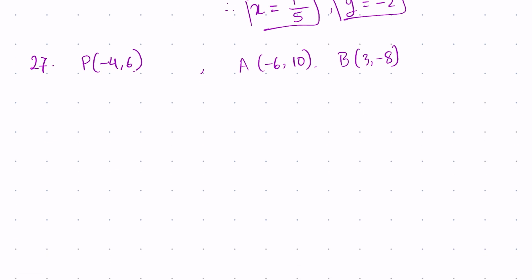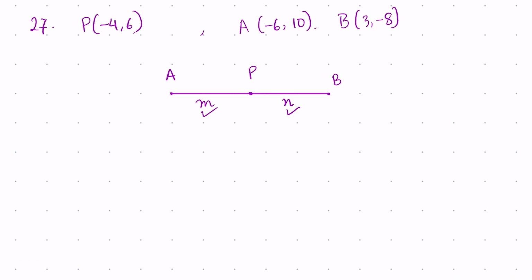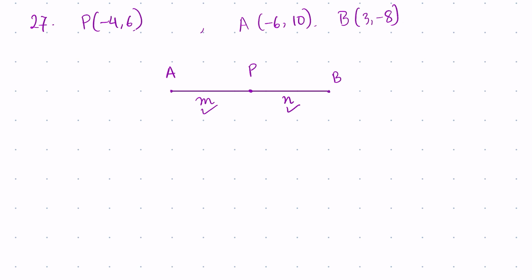Just to represent it for ease of visualization, if this point is A and this is B, there's some point P which divides it in some ratio, let's say m is to n. We need to find m divided by n. If you find this value, then we're done.